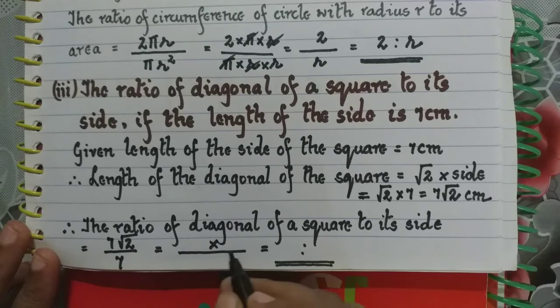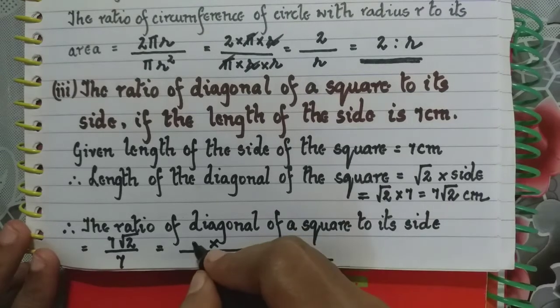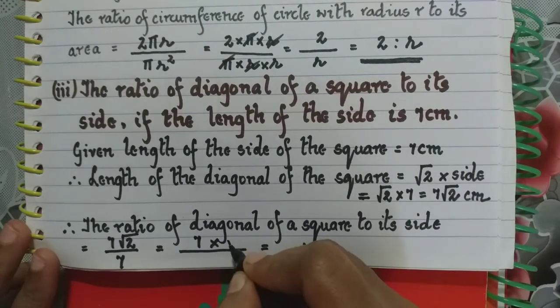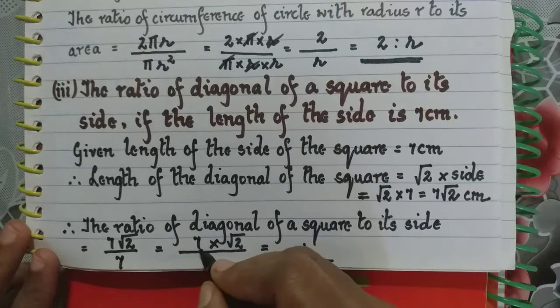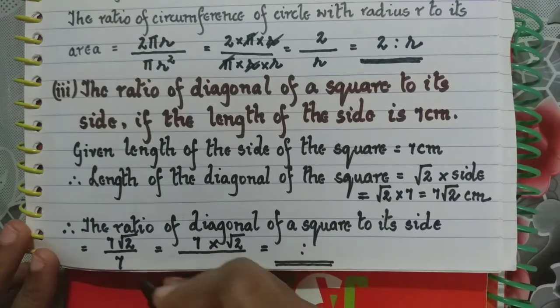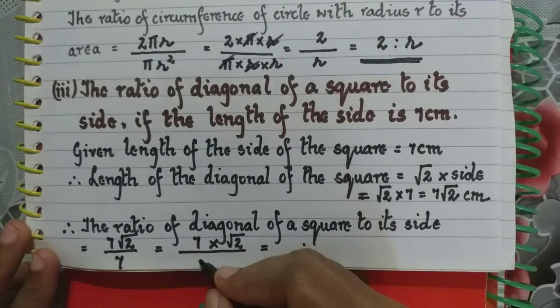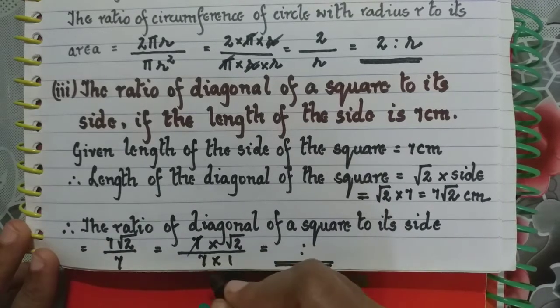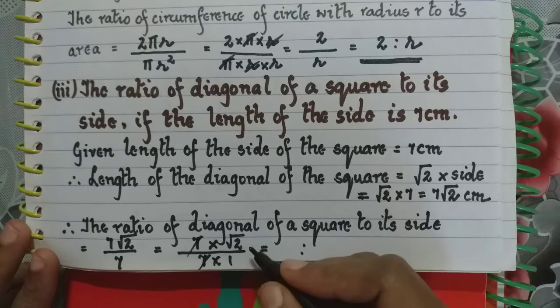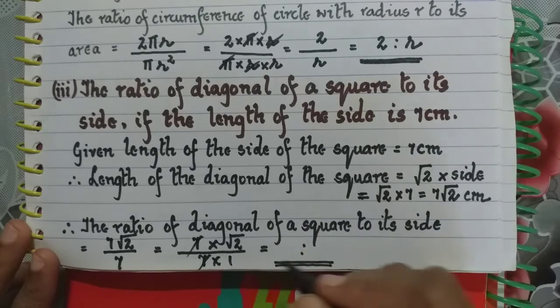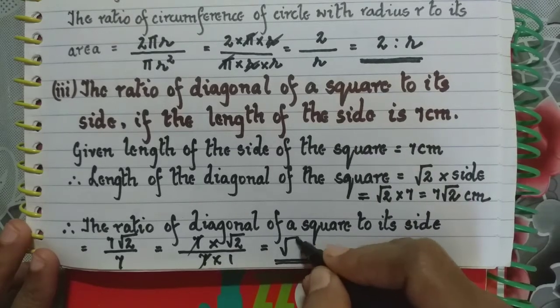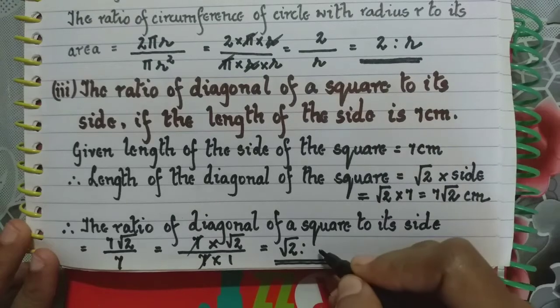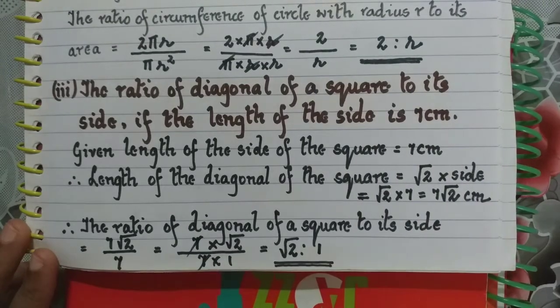Now if I were to write it as multiples, what will I write? 7 into root 2, because 7 into root 2 is 7 root 2, and 7 I can write it as 7 into 1. So what happens? 7 and 7 cancels. What is left? Root 2 upon 1, which can be written as root 2 is to 1.